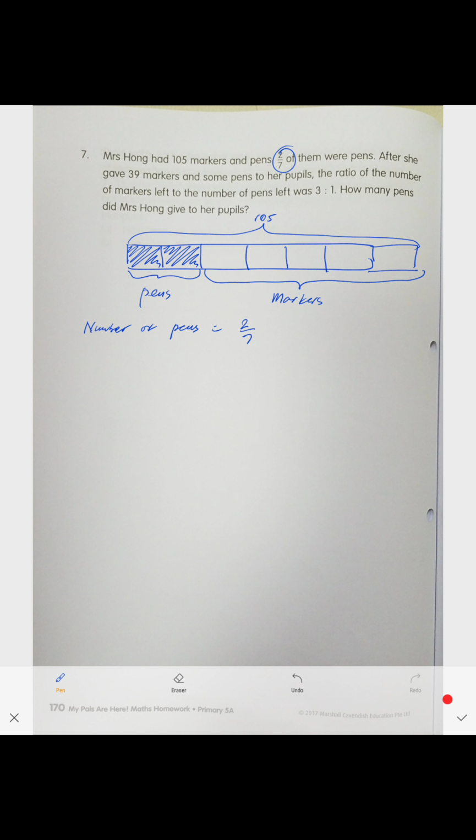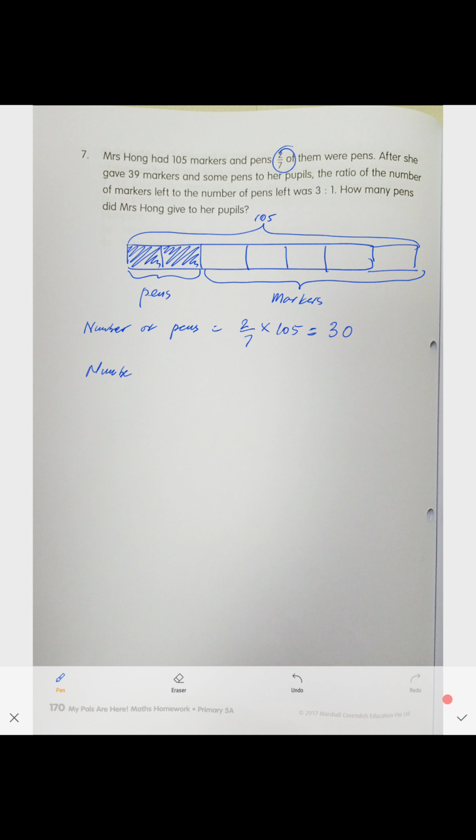If you have an answer sheet, there is a typo in the homework book. So it's 2/7 times how many total? 105, and it's going to be 30. That's why I was confused. They wrote 2/5. This is wrong. 2/7, of course.